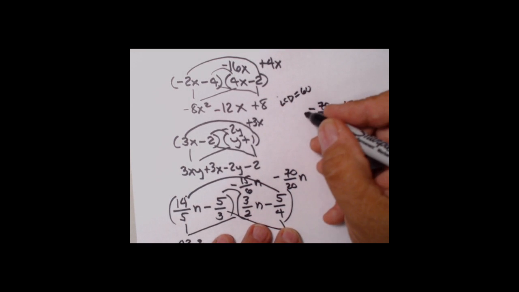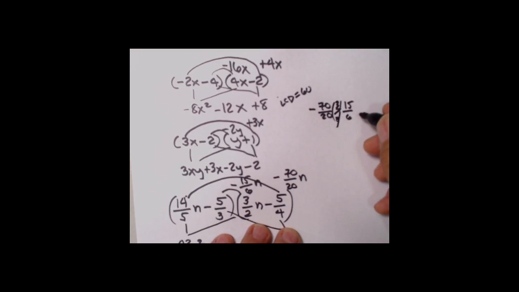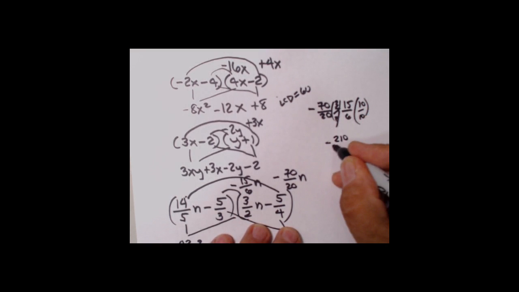So that means that this first guy, we got to multiply him top and bottom by 3. And the second guy, top and bottom by 10. Okay, so I'm going to end up with negative 3 times 70, 210, 3 times 20, 60 downstairs. The second guy, he was negative also. 15 times 10 is 150 upstairs. 6 times 10 is 60 downstairs.